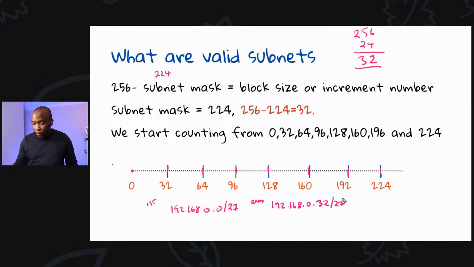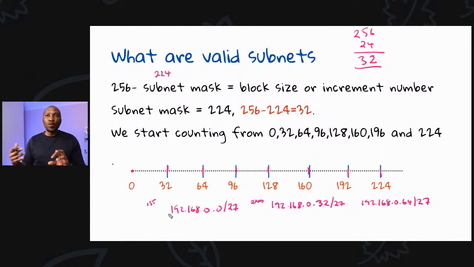Our third network is going to be 192.168.0.64/27. So these are three different networks, all being 192.168.0.0/27 subnets. So we have answered the valid subnets.